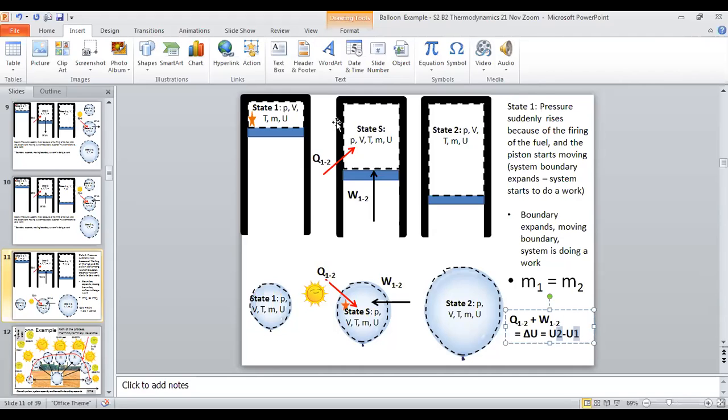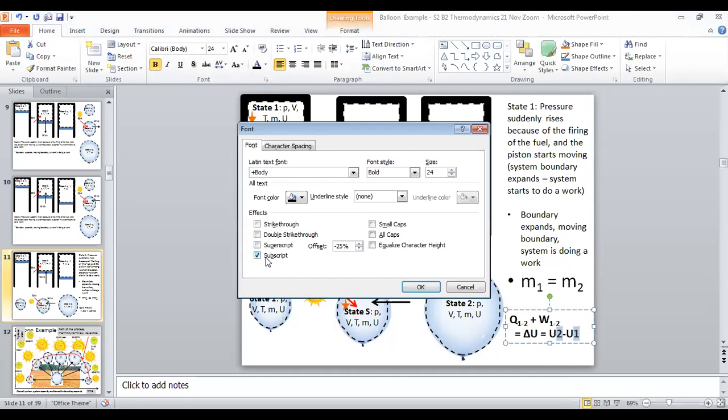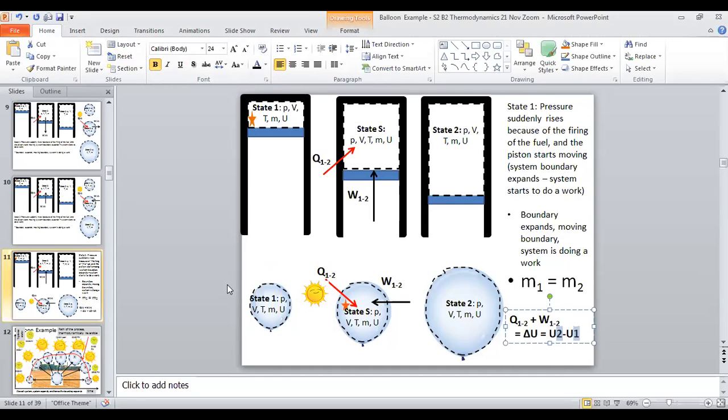So I just put one engineering model about the power stroke for this balloon example. This is the energy balance, conservation of energy. Mass balance is the conservation of mass.